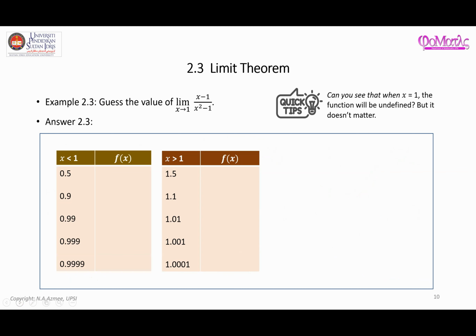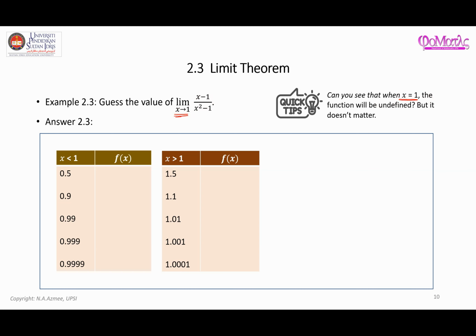Right, now let's look at a concrete example of finding the limiting value of this given function here. So I hope you can see that this is the case where you are interested to find what happens when x approaches 1. When x is equal to 1, the function will be undefined.